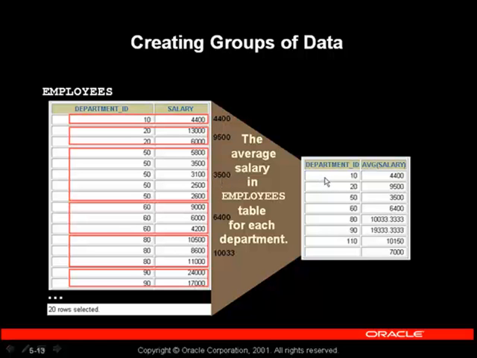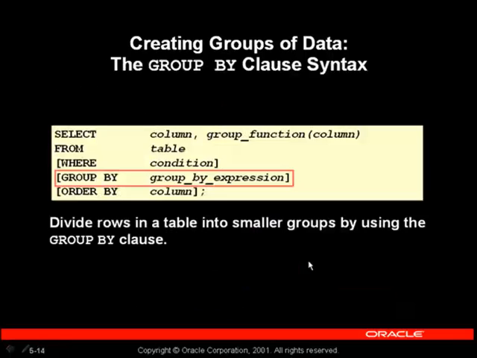If we are able to do average by group, then it should be able to give us our value for every group. The way to group our data by department or by column is to use the group by clause. The group by clause is part of the optional clauses that comes with the group functions.